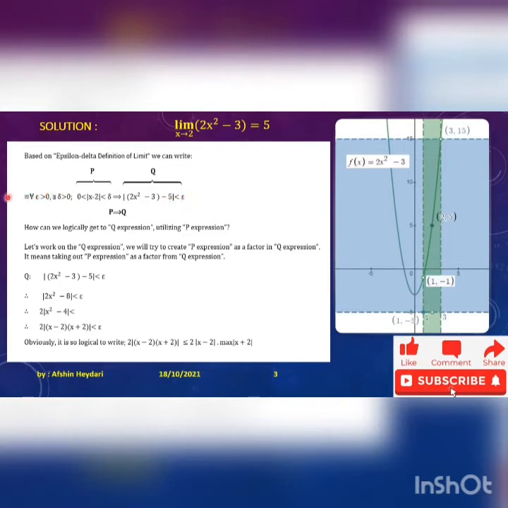And we can write like this: for any positive given epsilon, there exists a delta greater than 0, which if absolute value of x minus 2 is greater than 0 and less than delta, as the result, absolute value of 2x to the power 2 minus 3 minus 5, this is L here, is less than epsilon.